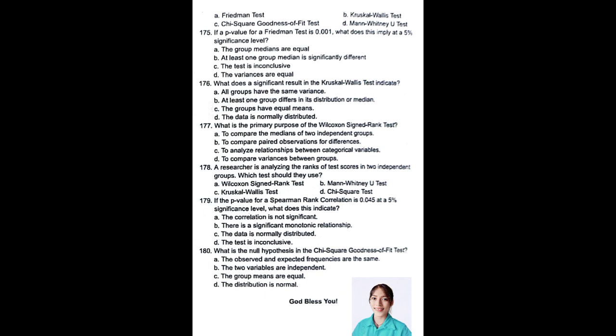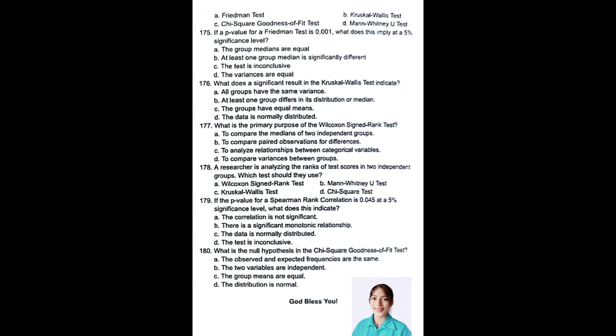The primary purpose is to compare paired observations for differences. So that's option B. Then 178. A researcher is analyzing the ranks of test scores in two independent groups. Which test should they use? The Mann-Whitney U test. So that's option B.